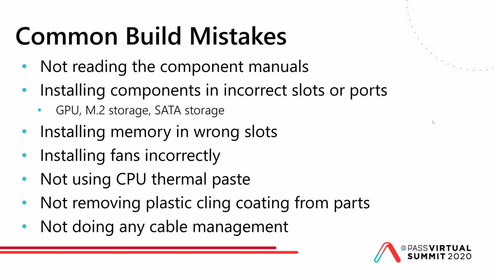Or with M.2 storage, installing it in one of the slower M.2 slots instead of the fastest one that's connected to the CPU. The same thing with SATA storage: some of your SATA ports might have different speeds, so reading the manual will help you avoid those sorts of things.